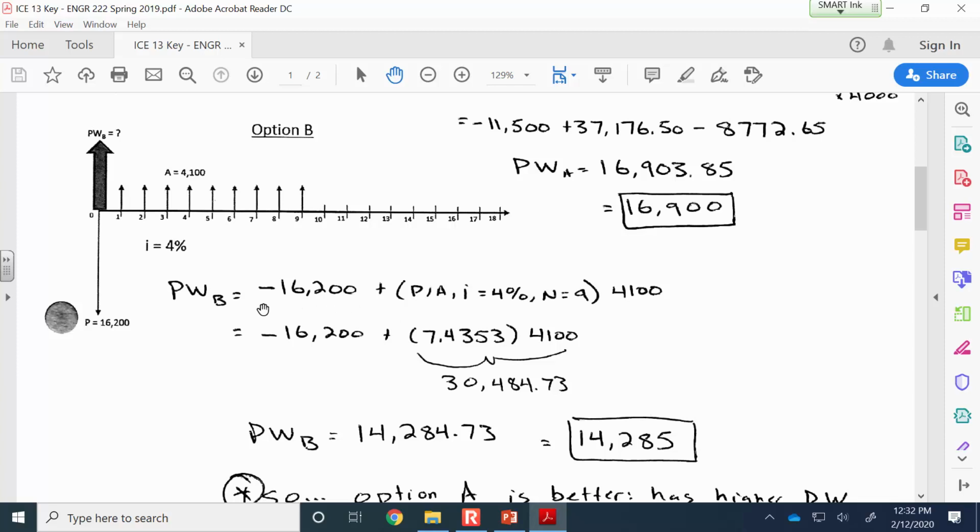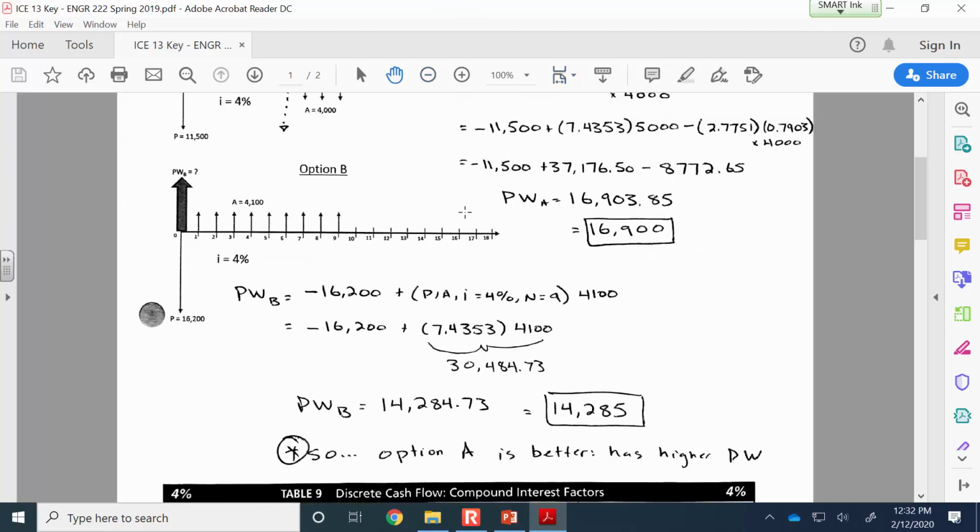So assuming that this is exactly 16,200 in cost, then combined with the result of this revenue taken to the present, then I can report option B to the nearest dollar, because that's 1, 2, 3, 4, 5 digits. And we learned that option A is better.